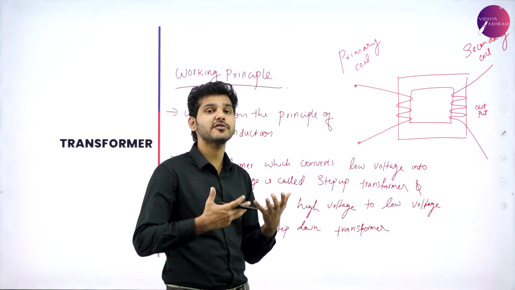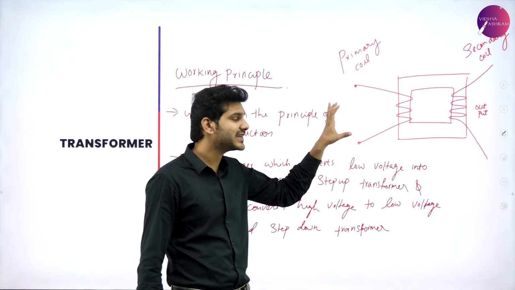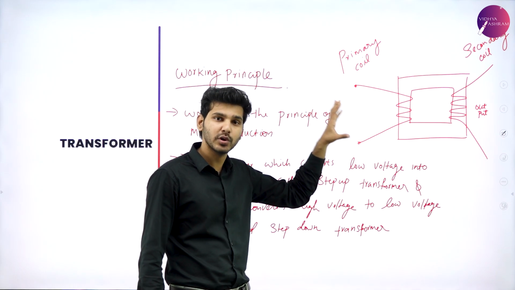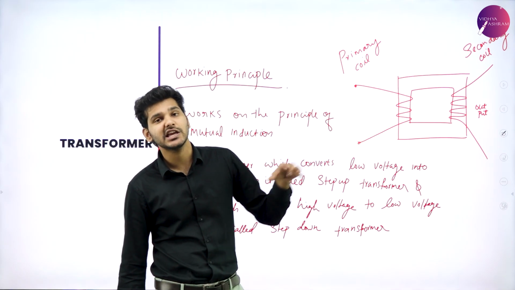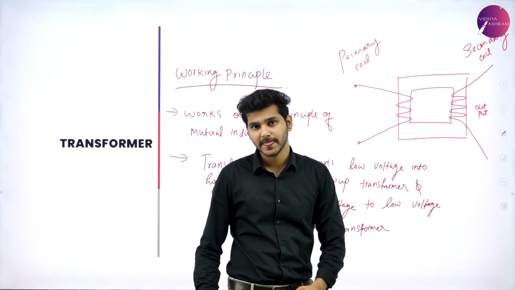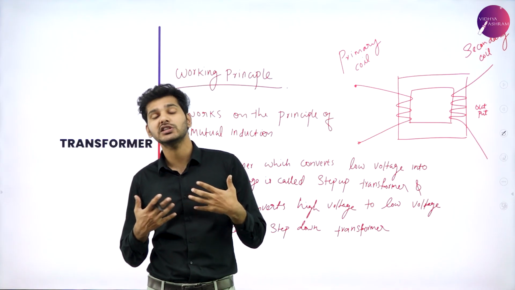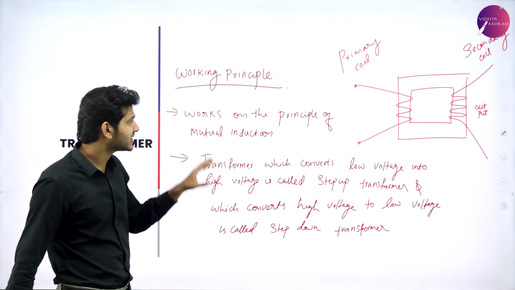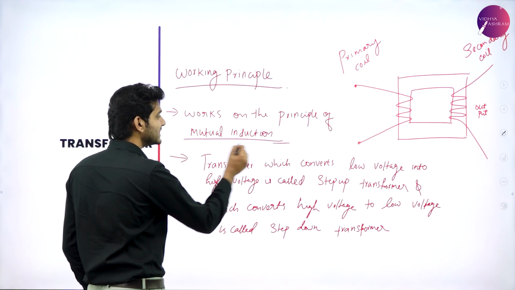That is, the EMF being induced, or basically just voltage being induced, is being completely controlled by this primary coil. Depending on the amount of voltage or current entering the primary coil, there will be an EMF induced in the secondary coil. So with the number of windings, we are controlling the voltage output of that particular transformer. Again, the transformer simply works on the basis of mutual induction.